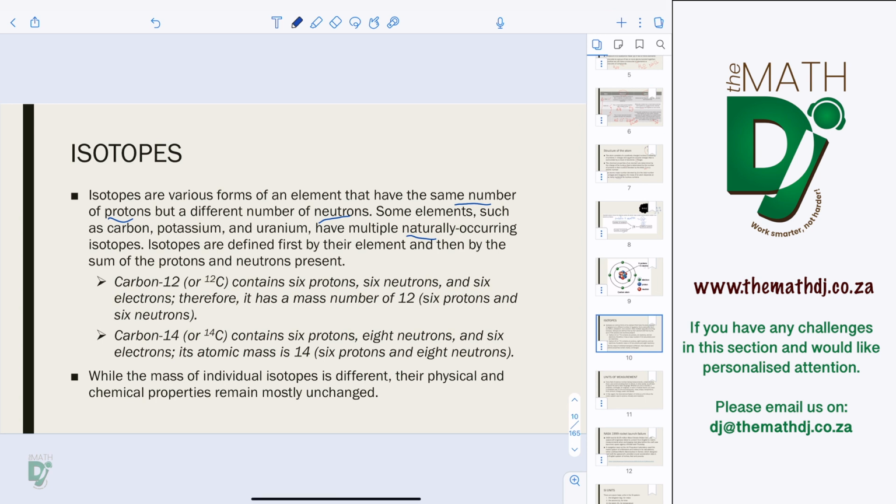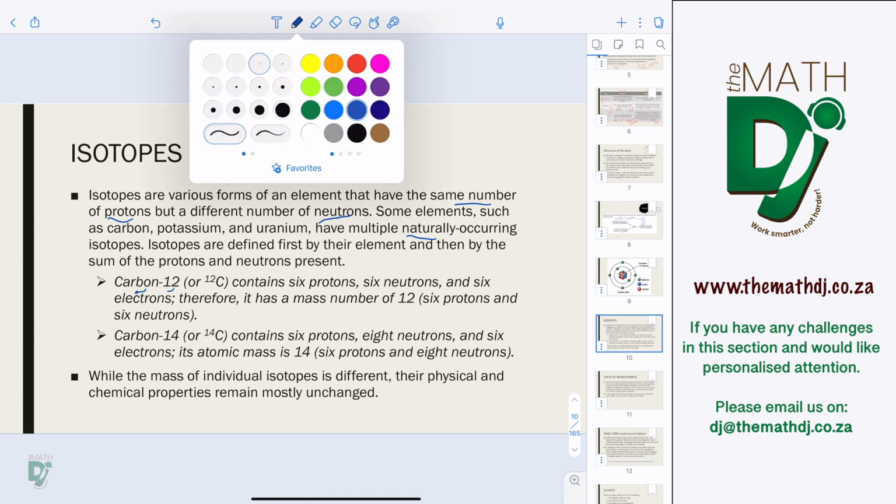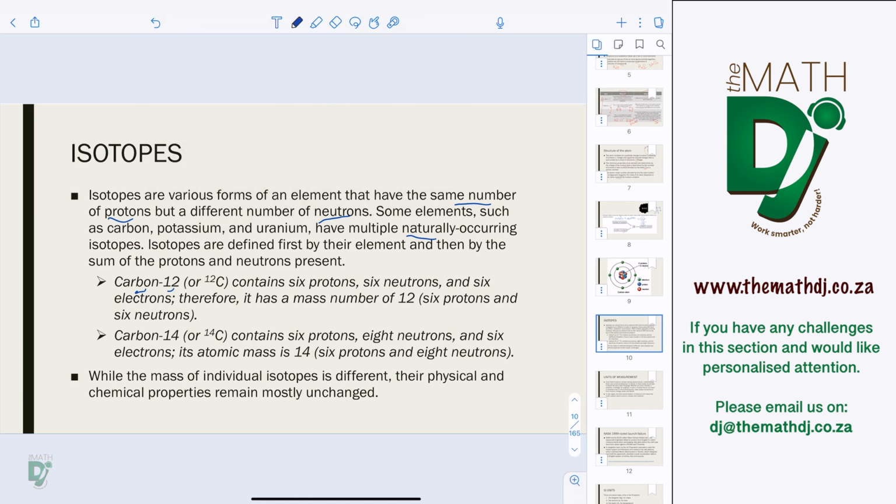Isotopes are identified first by the element and then by the sum of protons and neutrons present. For example, carbon 12. Carbon is the element and 12 is the sum of protons and neutrons. So carbon 12 contains 6 protons, 6 neutrons, and 6 electrons.